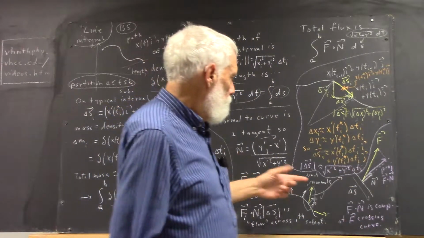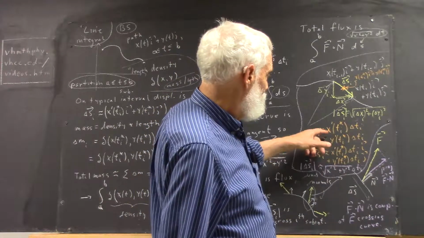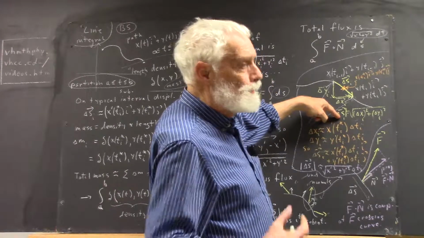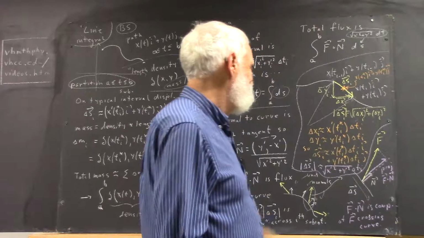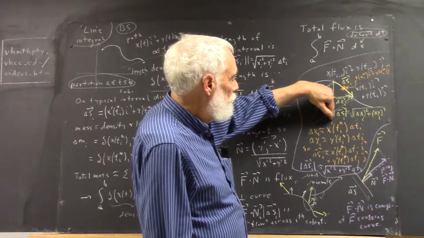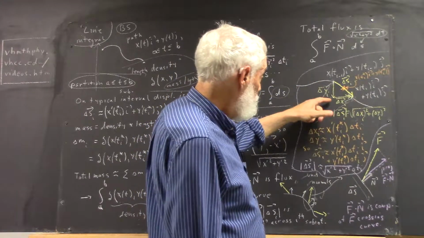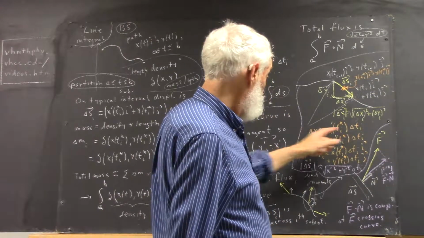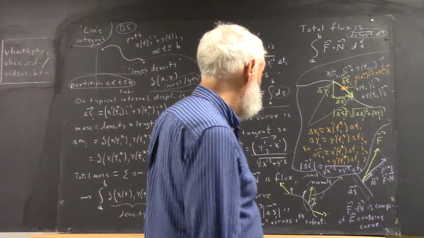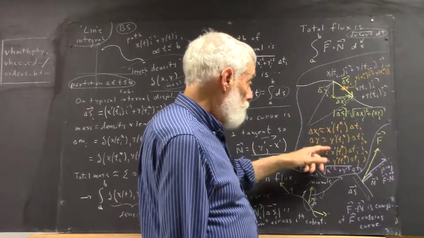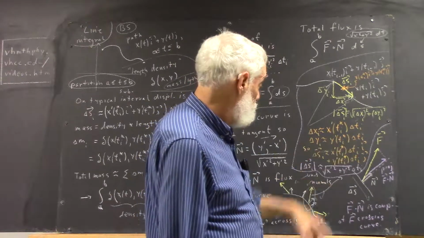Well, we know that if t i star is a sample value of our parameter in the ith t interval, and we evaluate x prime at t sub i star and multiply by delta t sub i, we're going to get a good approximation to our delta x sub i. That's all we're saying here, and that's just a differential approximation. And our delta y sub i is going to, again, be y prime at whatever sample point we use, times our delta t sub i.